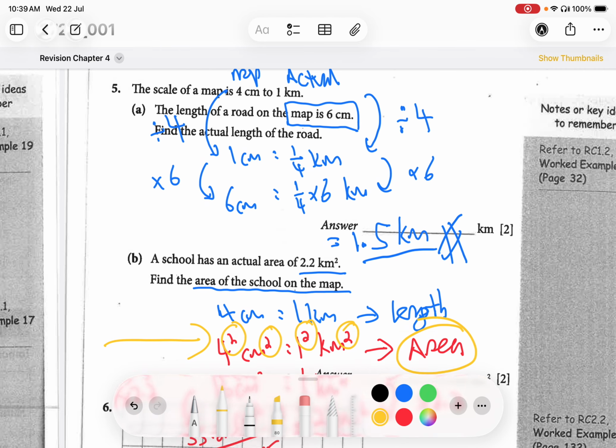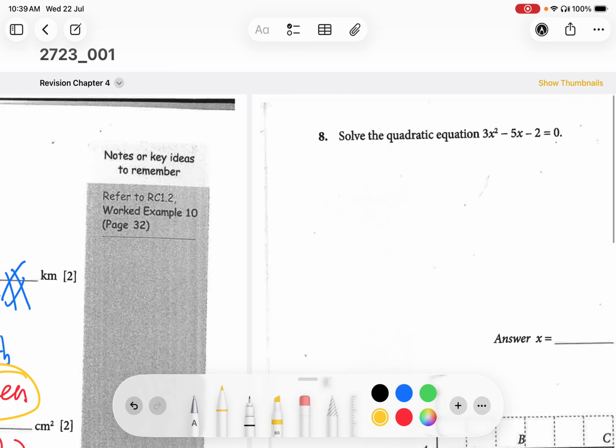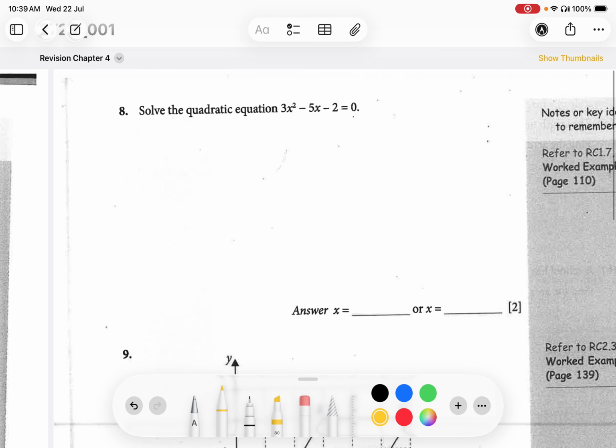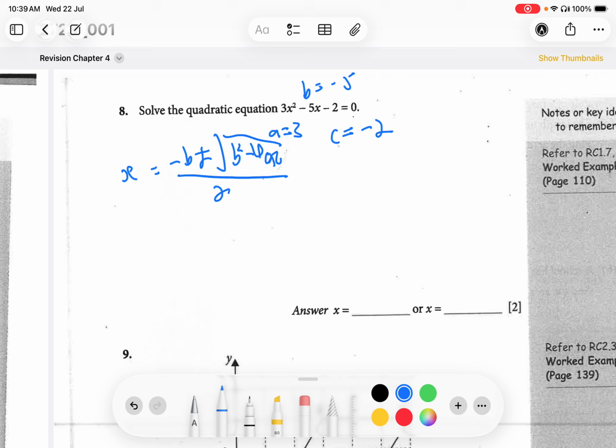Okay, the next one. Solve the quadratic equation. So your A is 3, your B is -5, your C is -2. So you want to solve this the easiest. X equals minus B plus minus square root B squared minus 4AC over 2A.